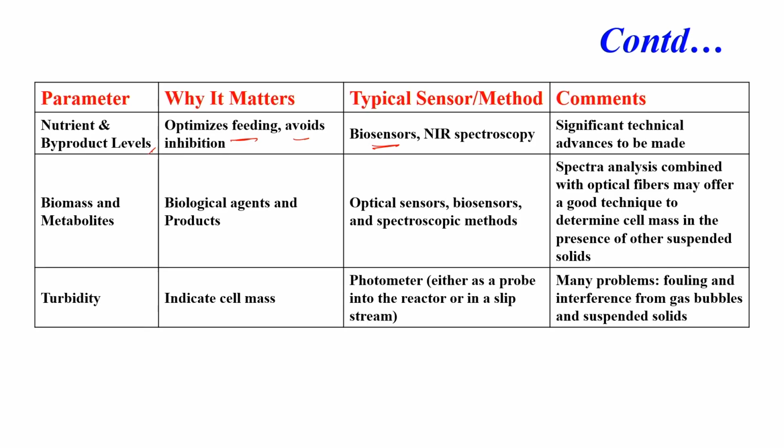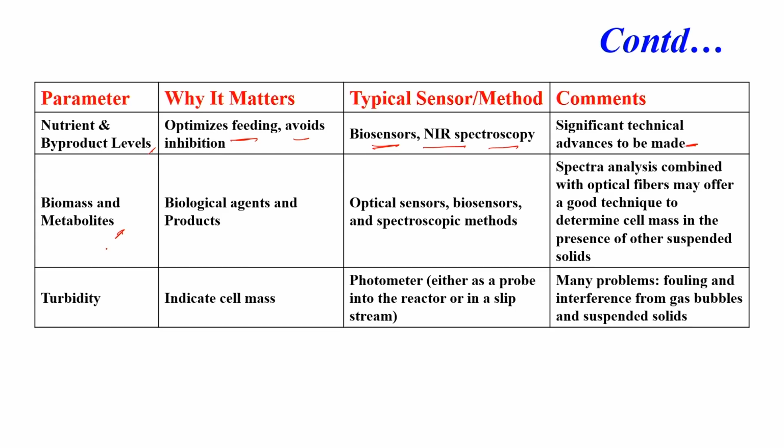So, different biosensors can be used, or NIR spectroscopy is applied. There are some challenges with both biosensors and NIR spectroscopy. Significant technical advances are to be made to make these biosensors and methods readily applicable for large scale application.